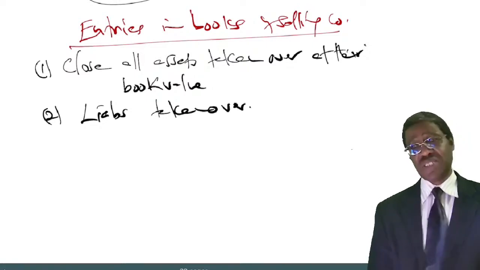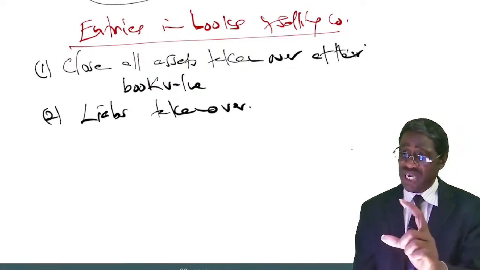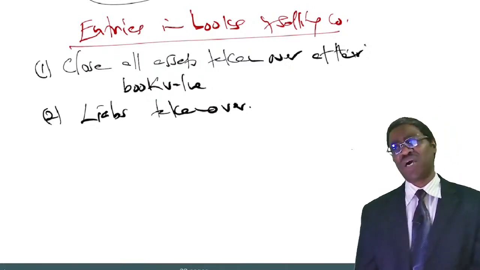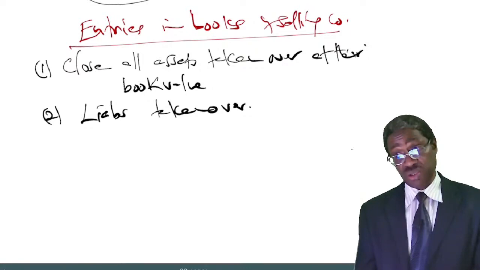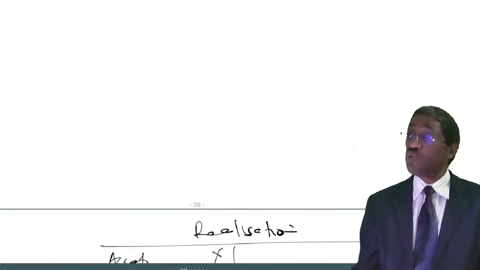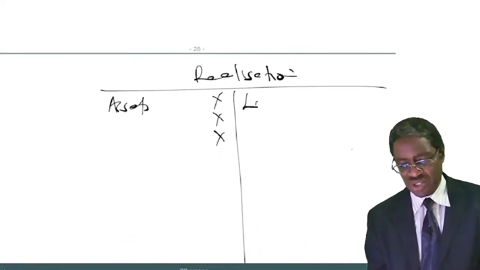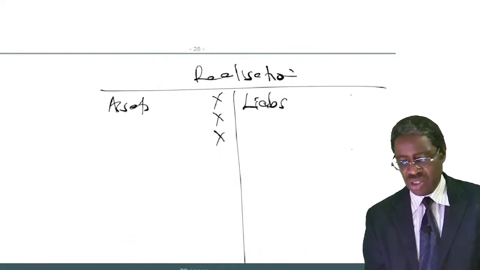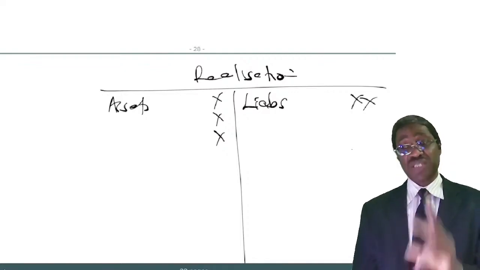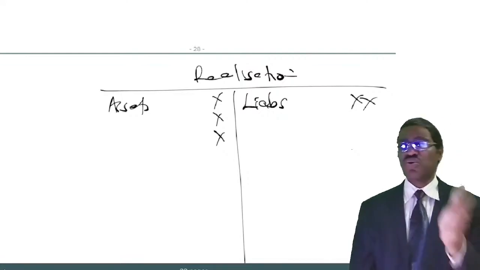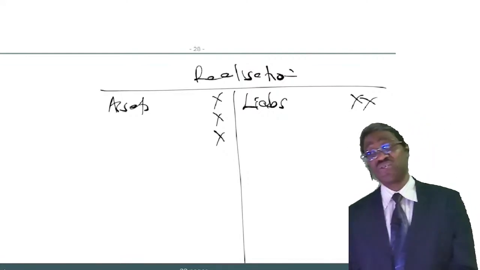You as company A close those liabilities to this account we are calling realization. We all know liabilities are always a credit balance, and therefore to close them, you will debit that liability and you will credit realization. So that's our entry number 2.